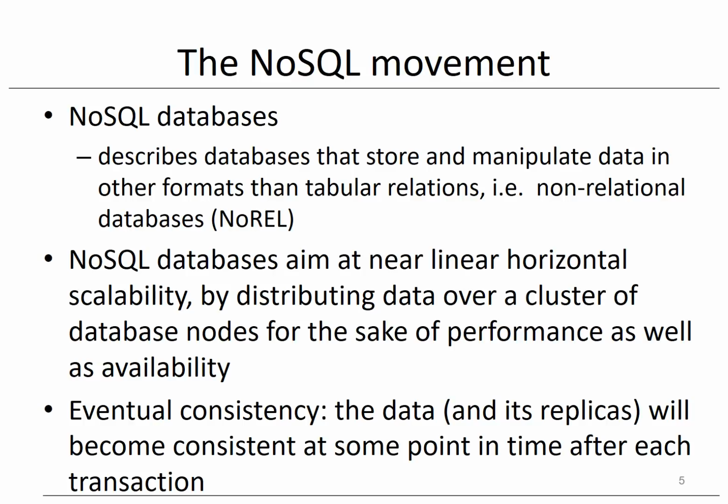In that sense, the movement should have more appropriately been called NoRel, especially since some of these non-relational databases actually do provide query language facilities which are close to SQL. Because of such reasons, people have started to change the original meaning of the NoSQL movement to stand for not only SQL or not relational instead of not SQL.